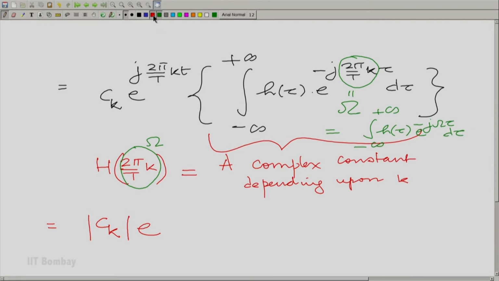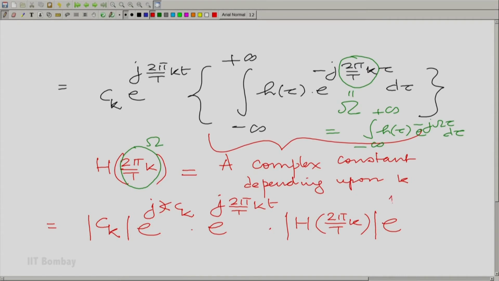So, now coming back to this expression here, you have mod c_k e^(j angle of c_k) times e^(j 2 pi/T k t) times modulus H(2 pi/T k) e^(j angle), the same thing.